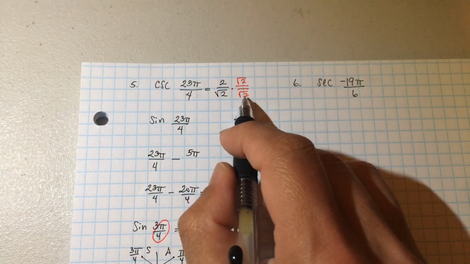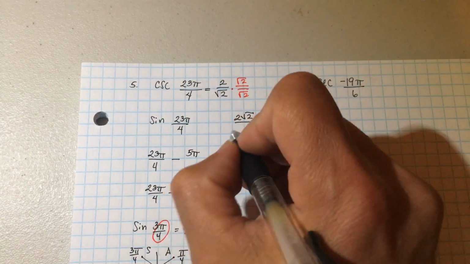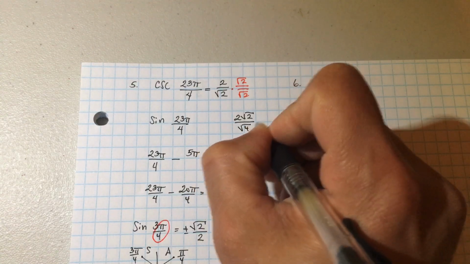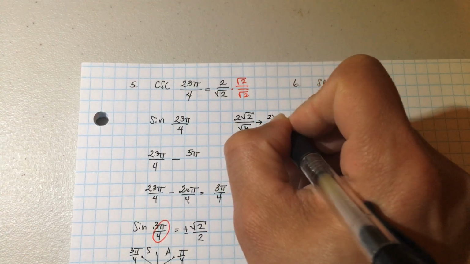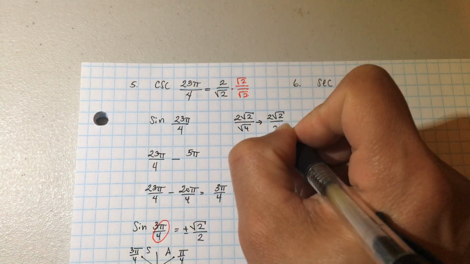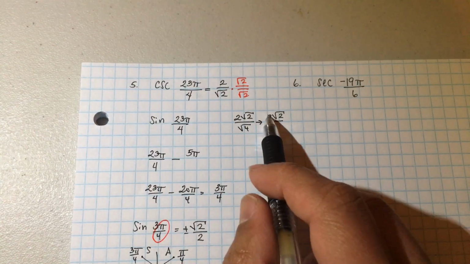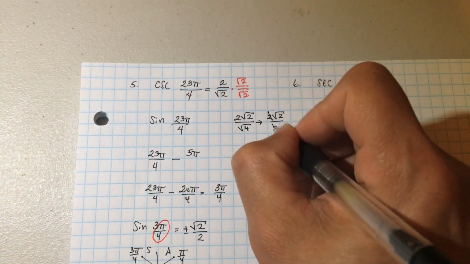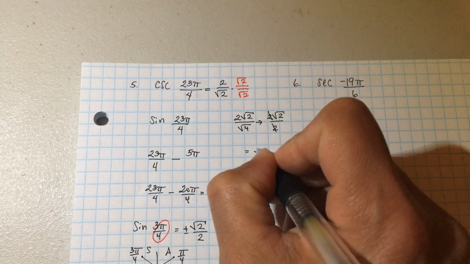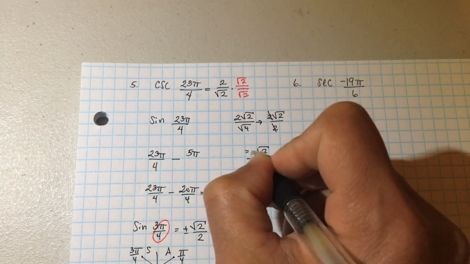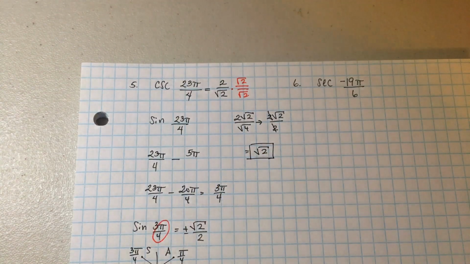Square root of 2 times square root of 2 is square root of 4, and the square root of 4 is 2. So you're going to have 2 radical 2 over 2. These are going to simplify out, so your final answer is square root of 2. That's your answer.